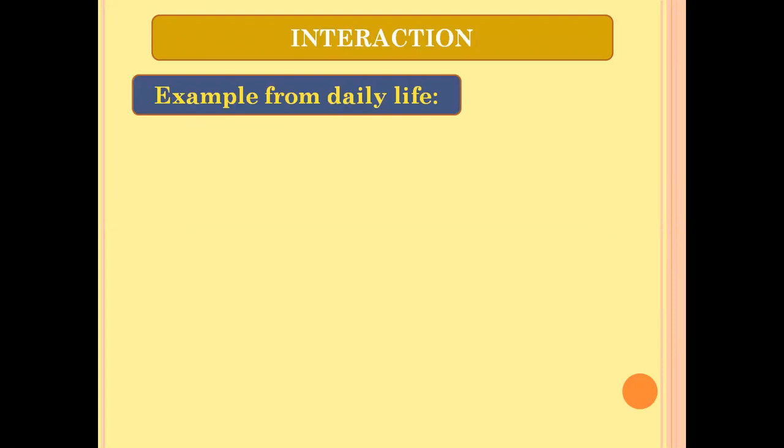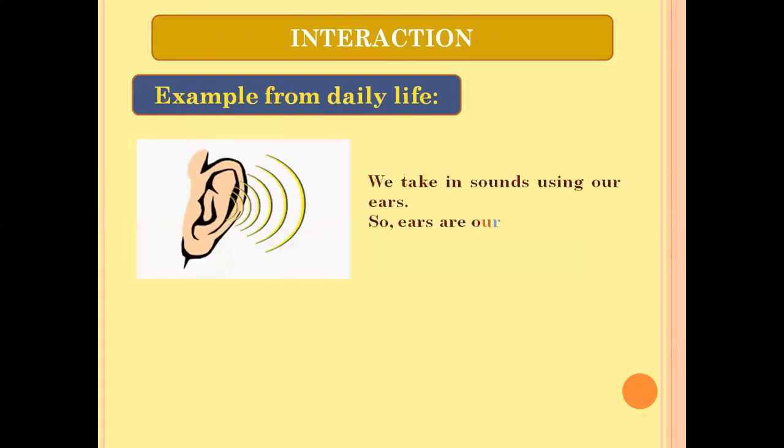Taking examples from daily life for interaction, we have ears, right? We take in sound waves through our ears. So these ears are our input organs because they are helping us to take in the sounds.